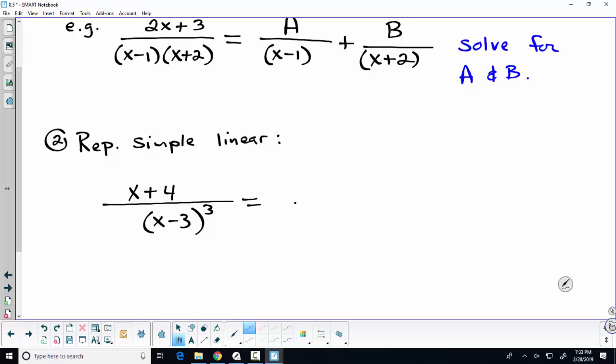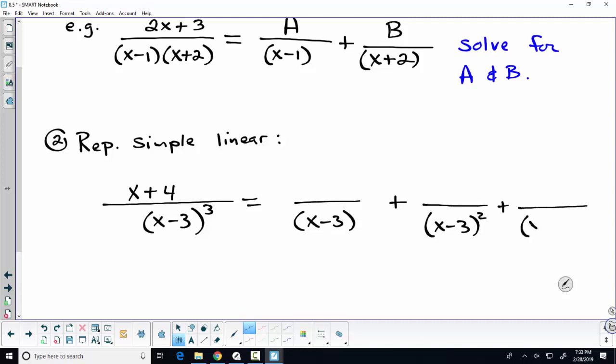So this thing needs to be written as many times as it appears with increasing powers, and then we'll have our constants over that. So A over (x minus 3) plus B over (x minus 3) squared plus C over (x minus 3) cubed. And then the situation here is now solve for A, B, and C.